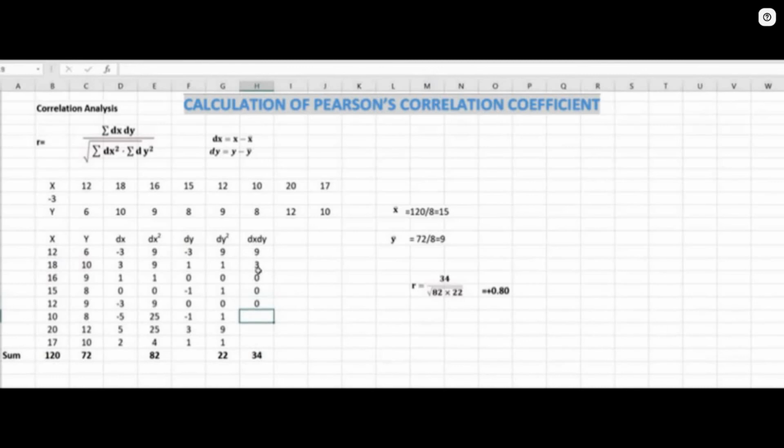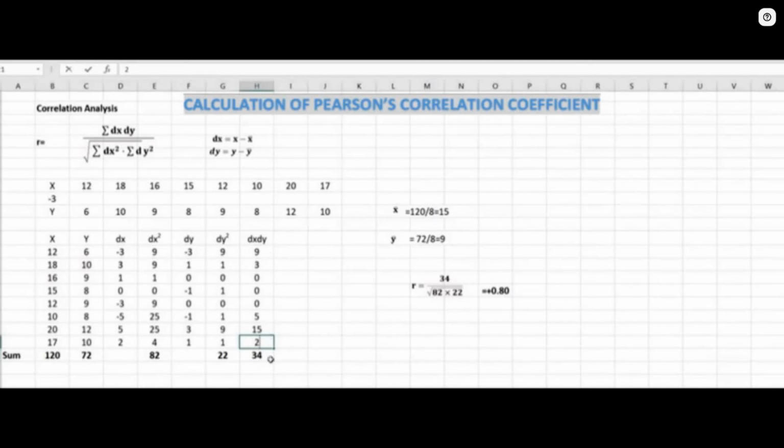Minus 5 into minus 1 is 5. 5 into 3 is 15. And 2 into 1 is 2. So this is going to be 34. 12, 17, 32, 34. So now we have got all the terms required.